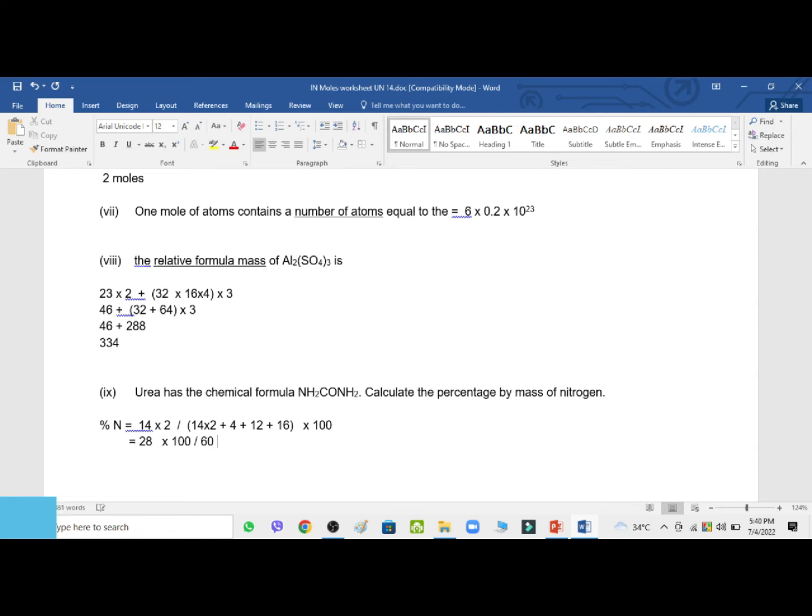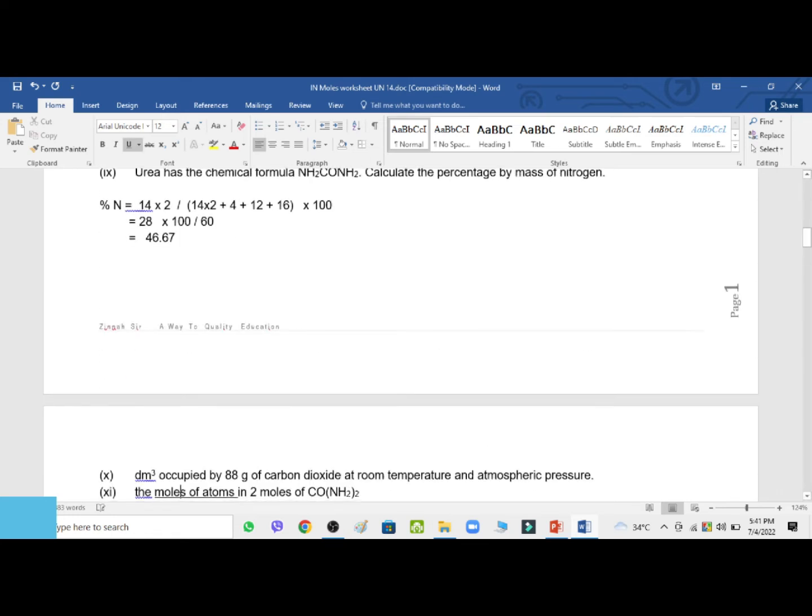And the percentage: 28 divided by 60 into 100. I get 46.666, we can write 46.67. So this is the percentage of nitrogen alone.